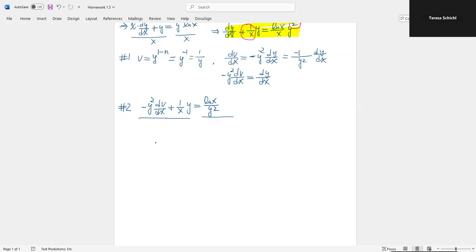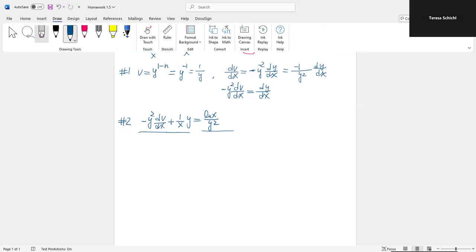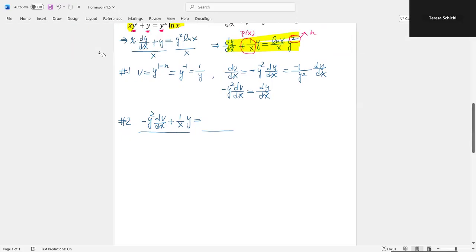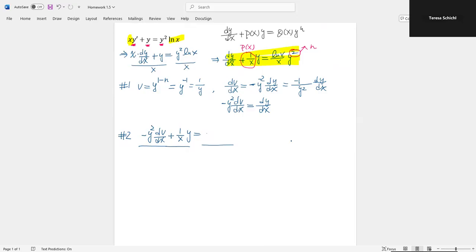I need to be very careful with the right-hand side of the original equation, which is ln x over x times y squared.